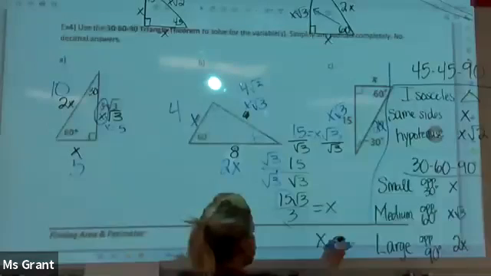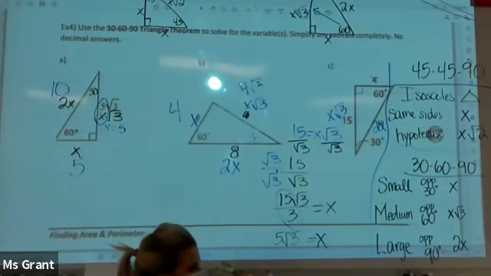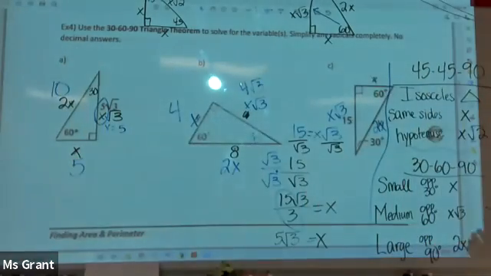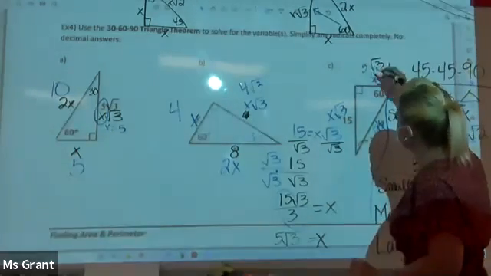Simplify always when you can. My X, the side opposite the 30 degrees, is 5 rad 3.